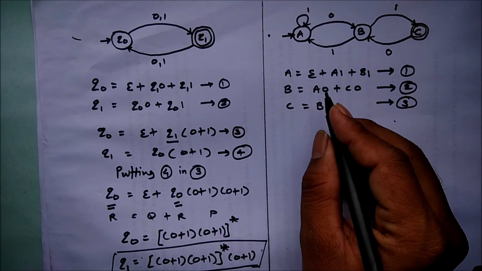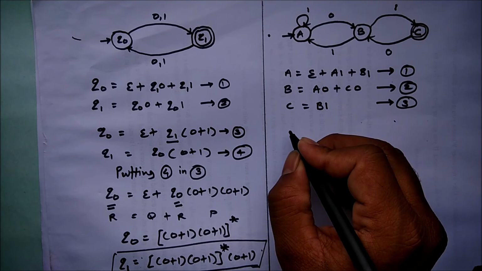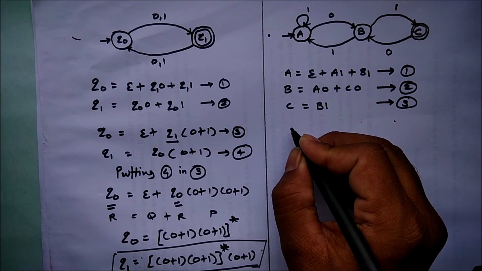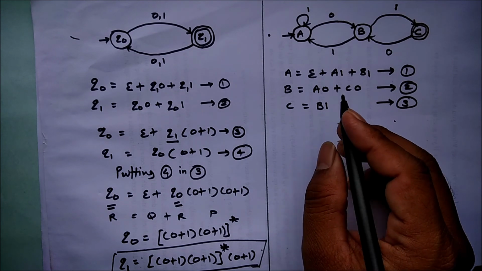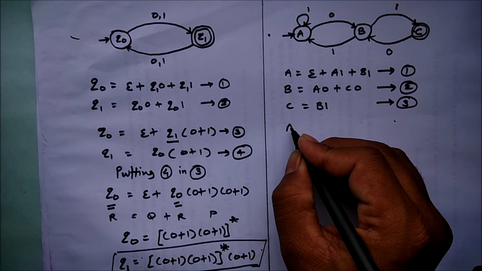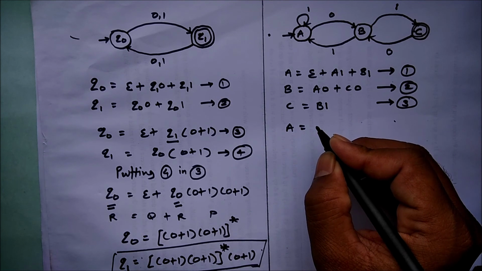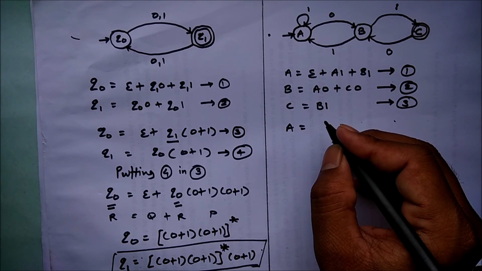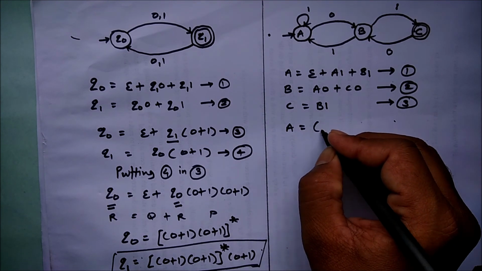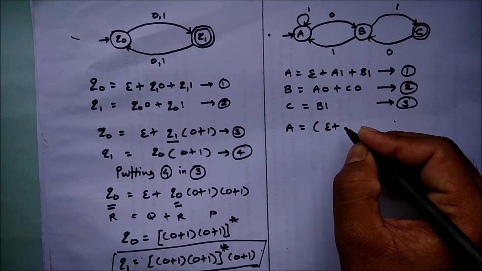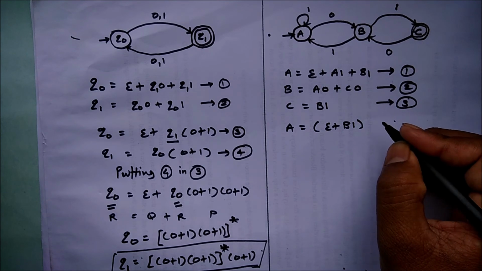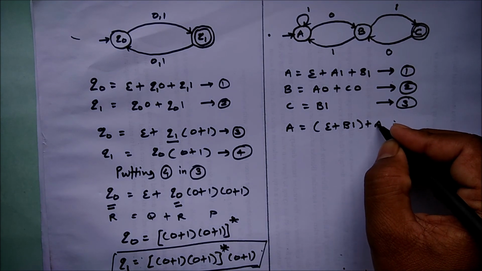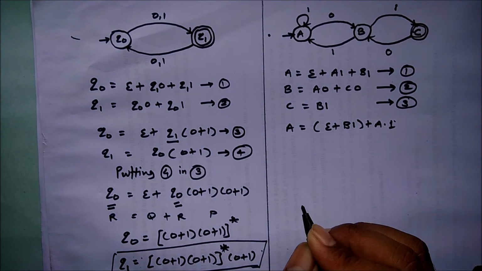So let's move with the equation of A. Now see, a little bit of manipulation we have to do in the equation. How can we write equation 1? A can be written as epsilon plus B1 plus A into 1, right?